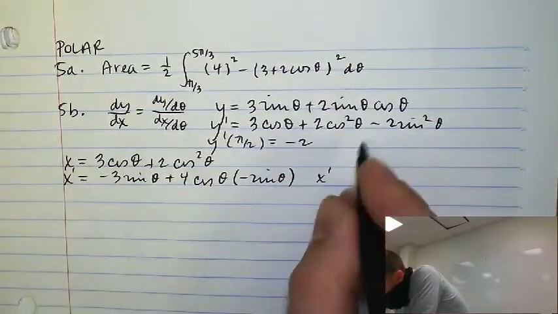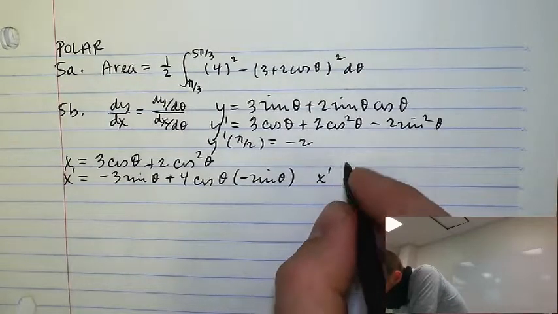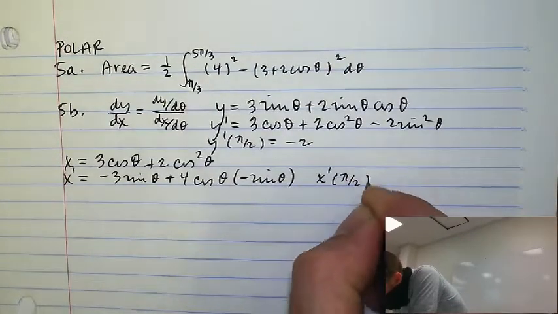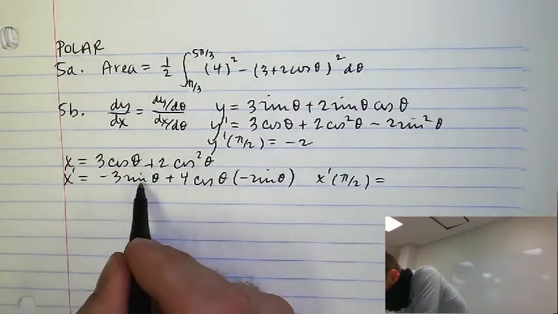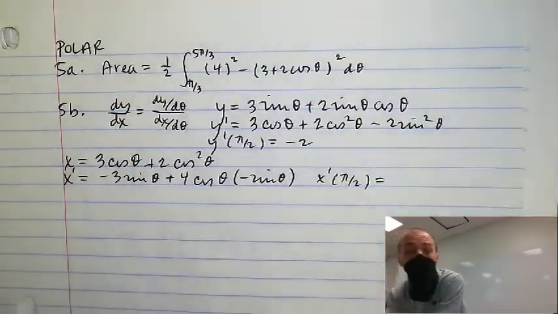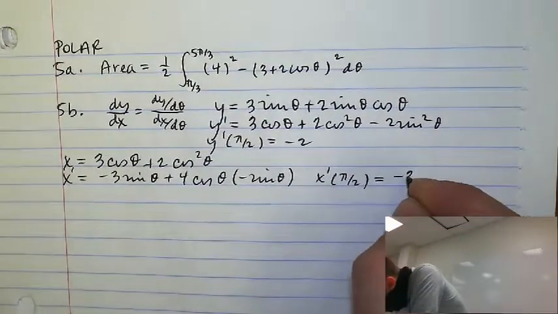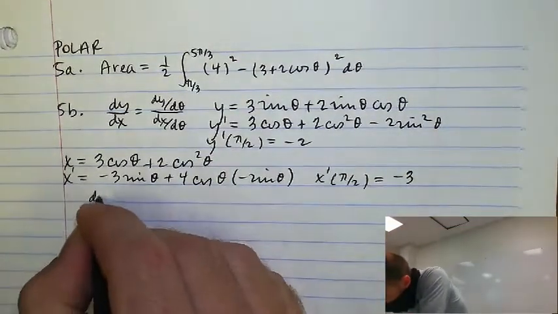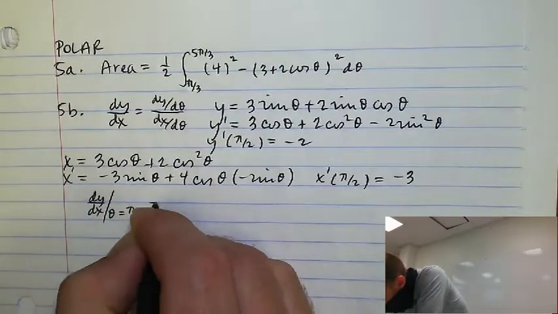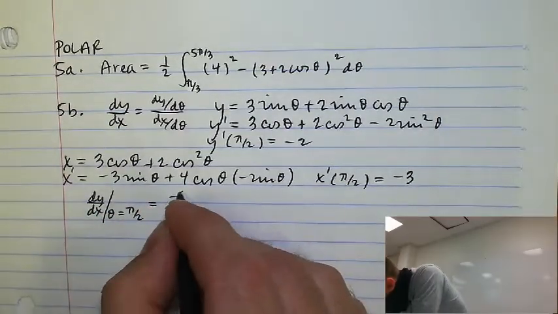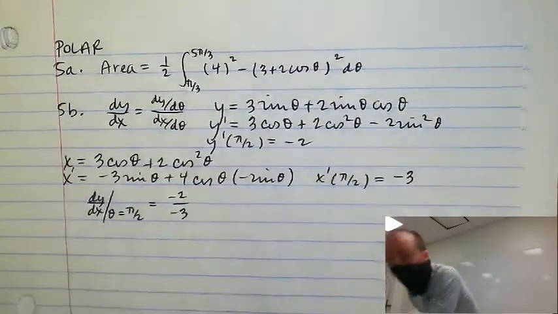Okay, x prime of pi over 2 is equal to negative 3 plus, well, that's got a cosine in it, so it's going to go to 0. So that's negative 3. And so, as a result, I'm going to say that dy/dx at the point where theta is pi over 2 is going to be equal to y prime over x prime.